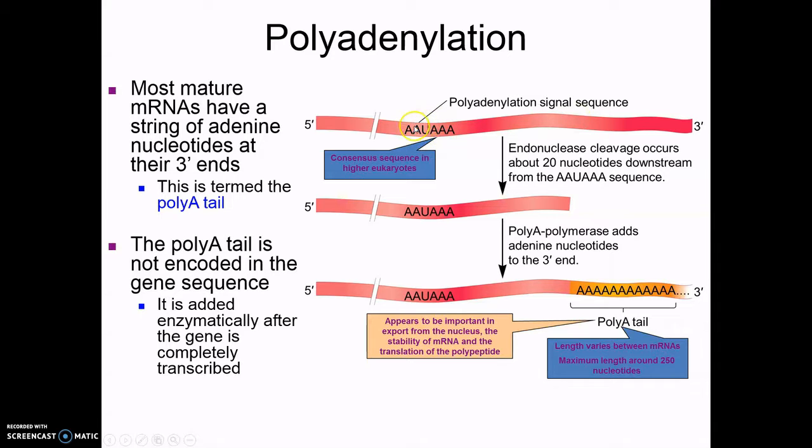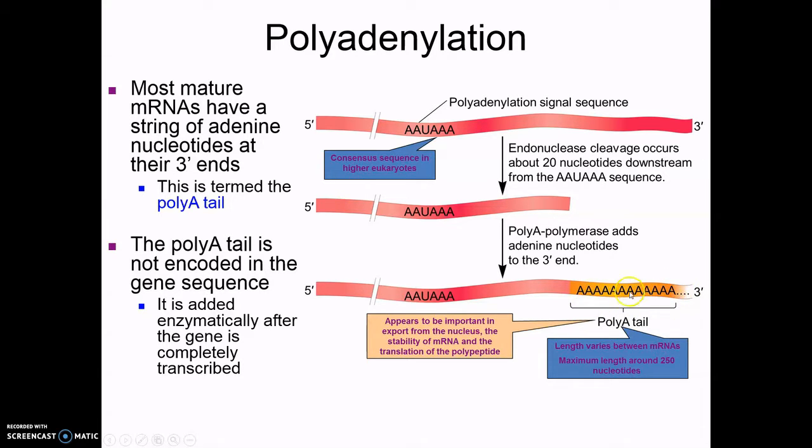Now, this acts as a recognition sequence, and an endonuclease will come in and cleave about 20 nucleotides downstream of that sequence. And then another enzyme will come in and it will only add A's onto the end. So it's not using a template for this, it is just simply adding the A's onto the end. And this is something that can vary in length.